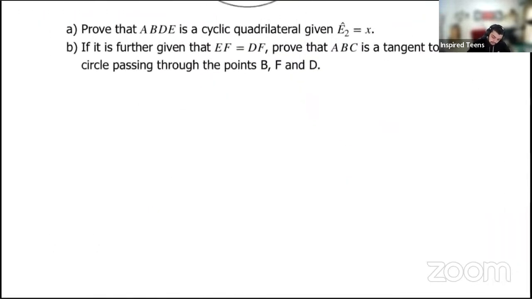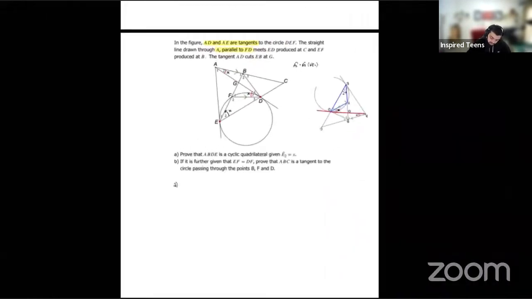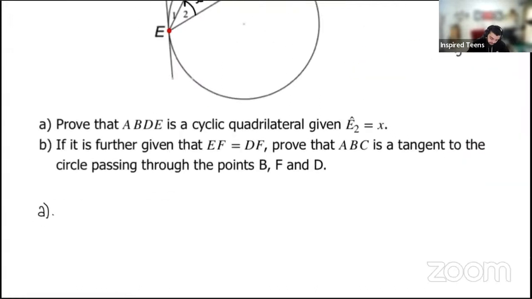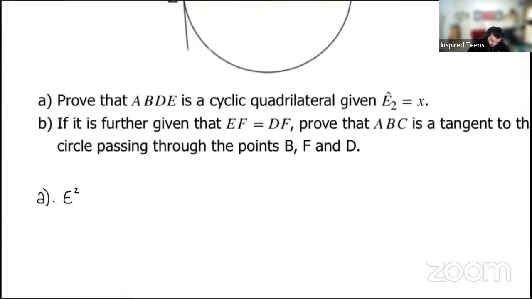So let's write it out quickly. We can even work backwards. I can say angle E2 is equal to angle D2, tan chord theorem.